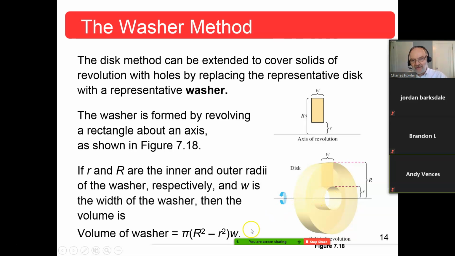But then you subtract the disk that's not there, pi little r squared W. So the outer disk, pi R squared W, minus pi little r squared W, gives you the volume of the washer. They've shortened it to pi times the difference of the outer radius squared minus the inner radius squared, times the thickness of the washer, W.